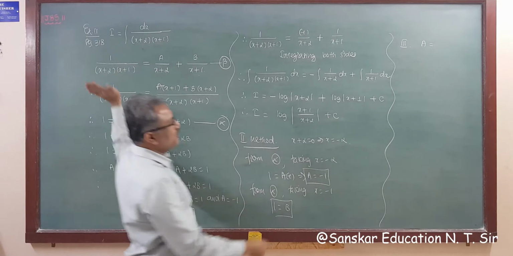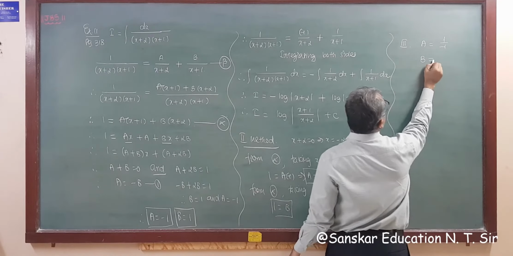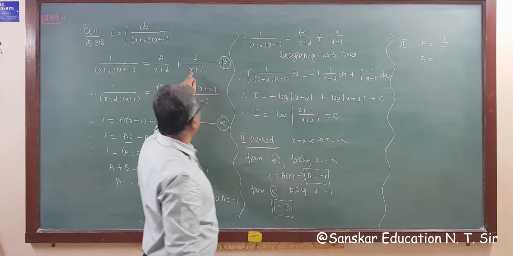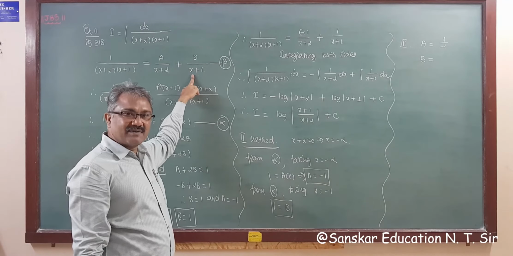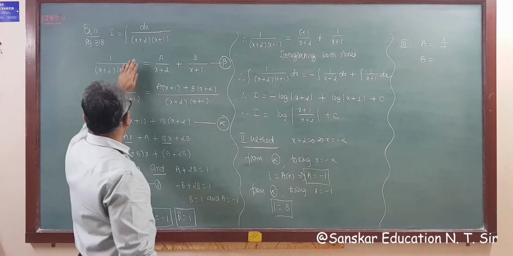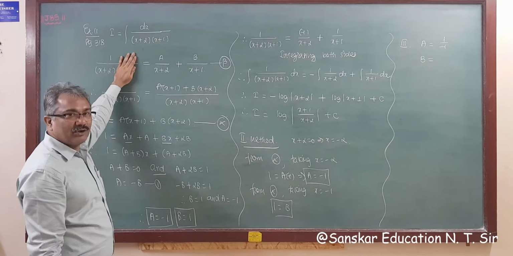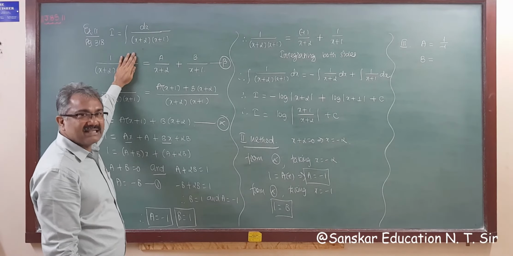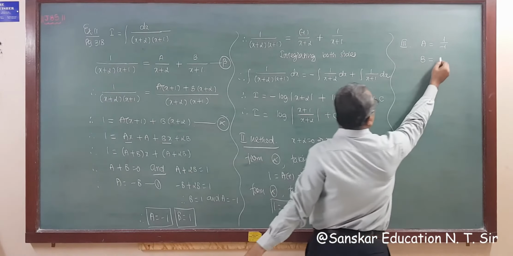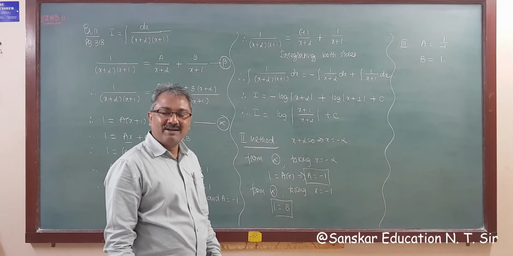Minus 1. So a is equal to 1 upon minus 1. For b, the denominator of b is x plus 1, so take x is equal to minus 1, remove x plus 1, and substitute x equal to minus 1, 2 minus 1, that is 1, so b is equal to 1. So directly you can write the values of a and b.